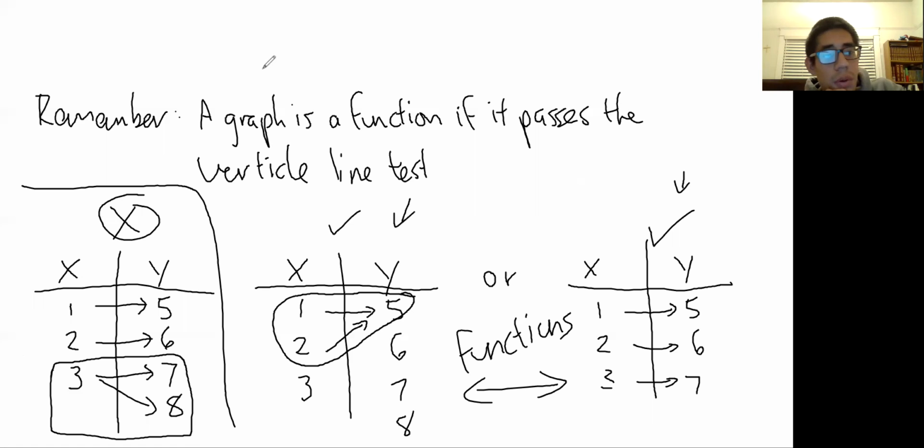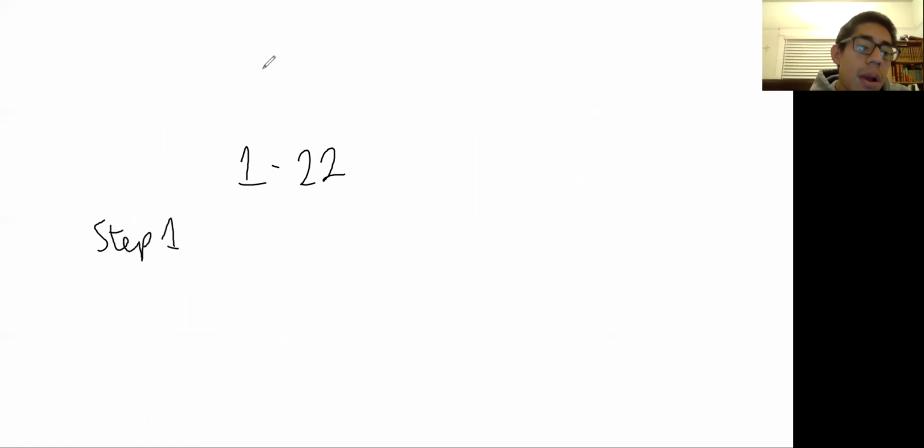Okay, so once again, for this week's problems, we're going to have 1 through 22. I want to see all three parts. I want to see step 1, step 2, and step 3.